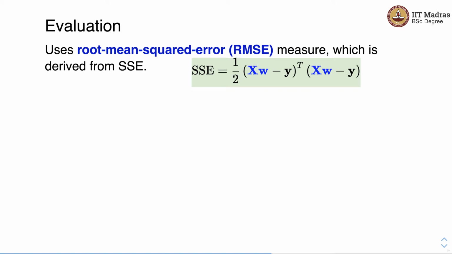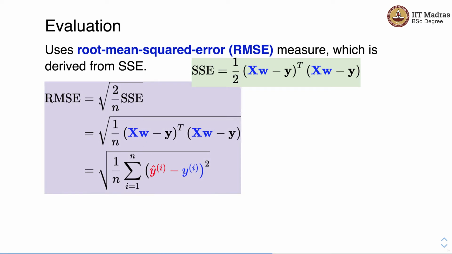So RMSE is derived from the sum of squared error, or the loss. You remember that the sum of squared error is the square of the difference between the predicted value and the actual value of the label, and we multiply that quantity by half for mathematical convenience in the optimization.